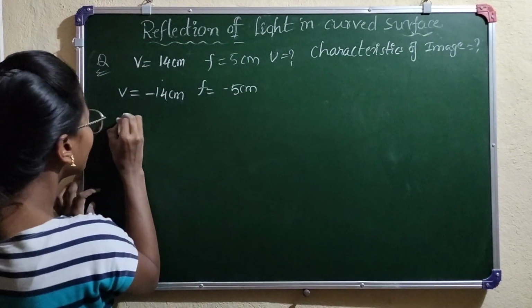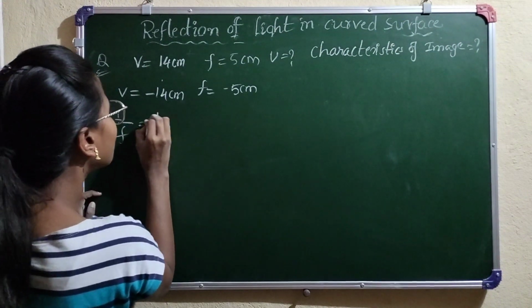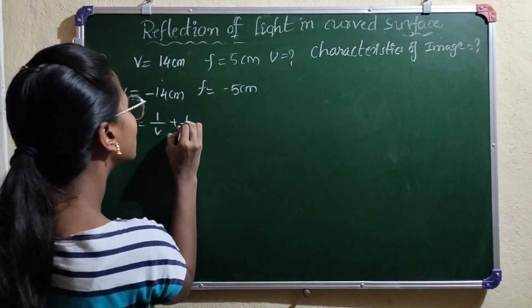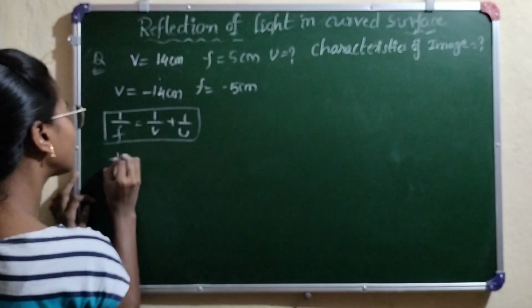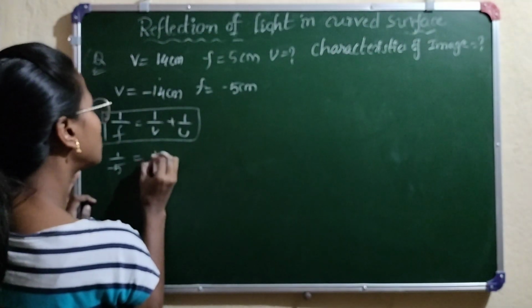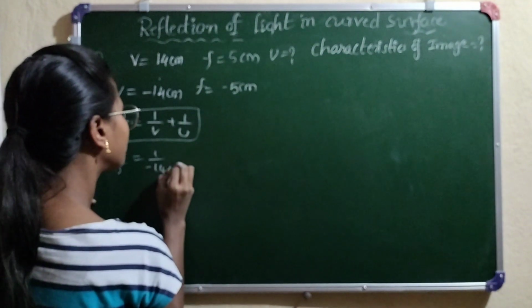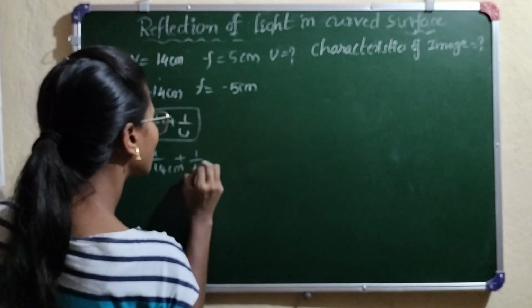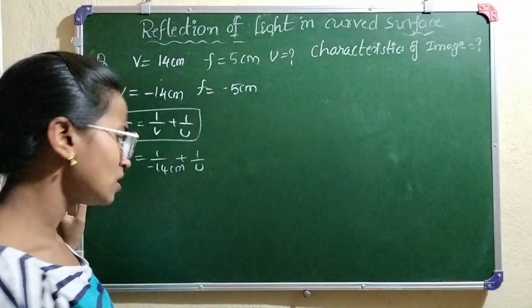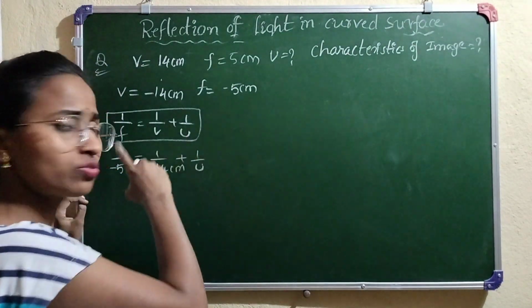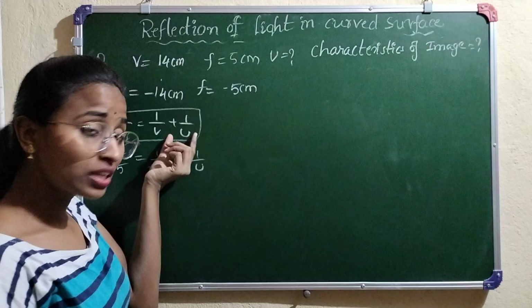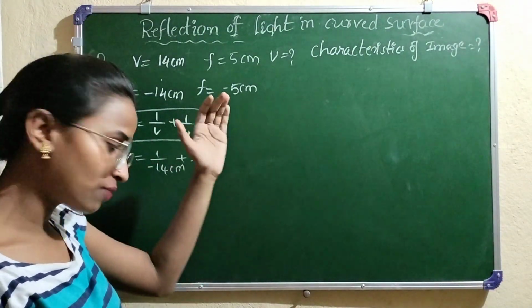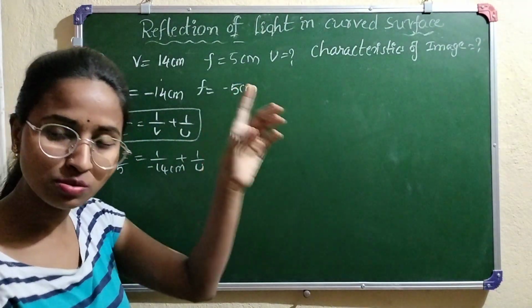From the mirror formula, 1 by F is equal to 1 by V plus 1 by U. Substituting, 1 by minus 5 is equal to 1 by minus 14 plus 1 by U. Don't write a sign for U here; whether U is positive or negative, you will get from the calculation only.